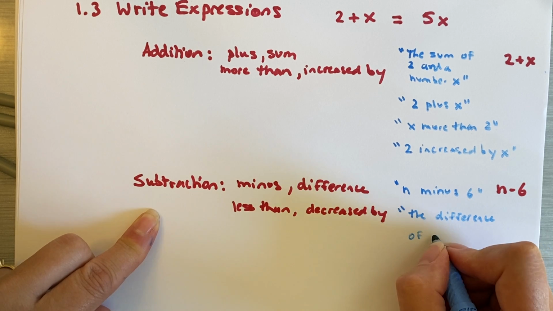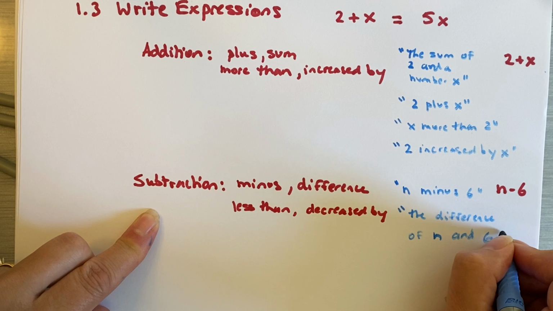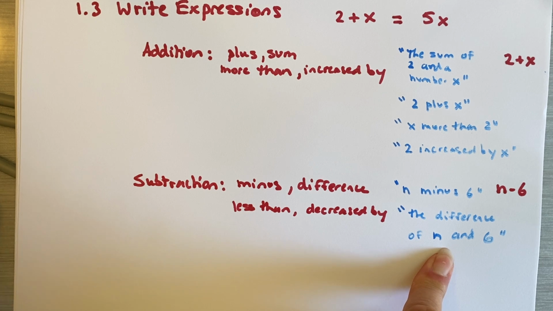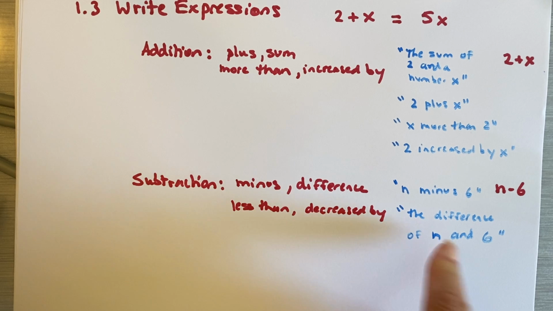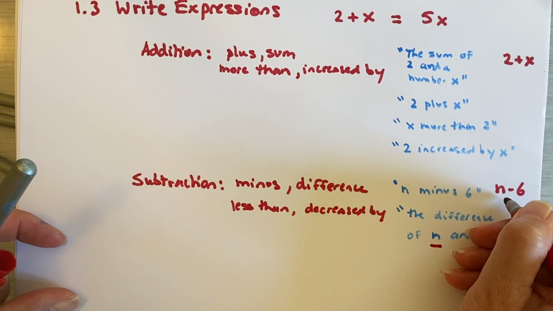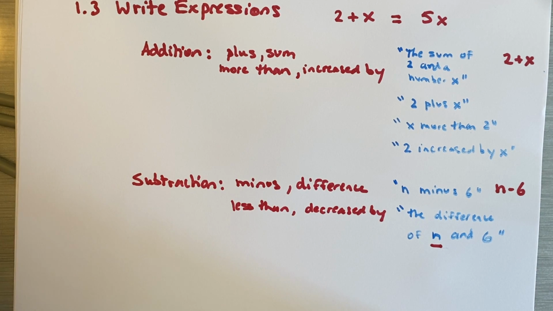of n and 6. Now, going in reverse, if you saw the difference of n and 6, you might wonder, does that mean 6 minus n or n minus 6? Whichever one is mentioned first here is first here, so you don't get confused.